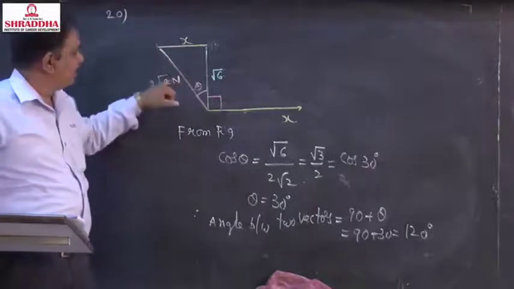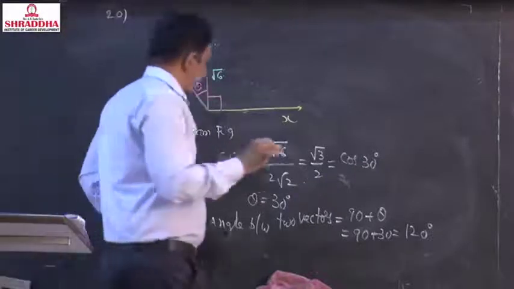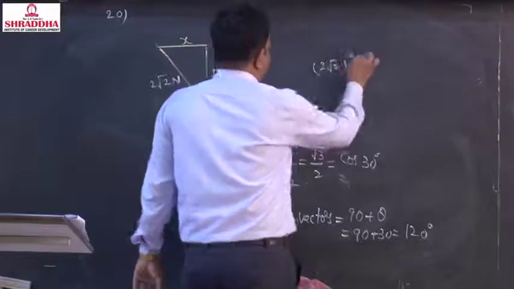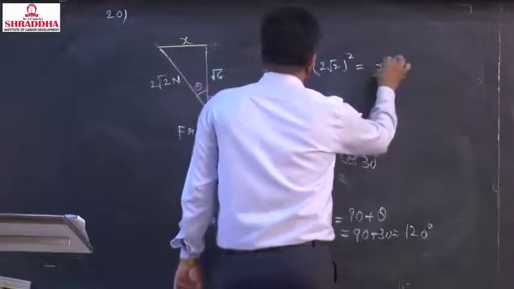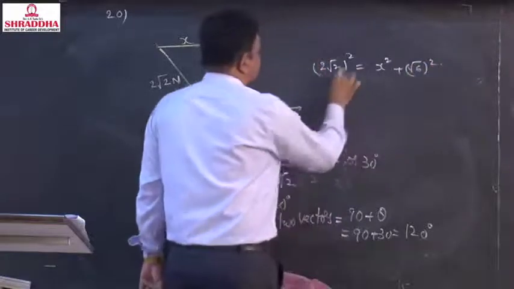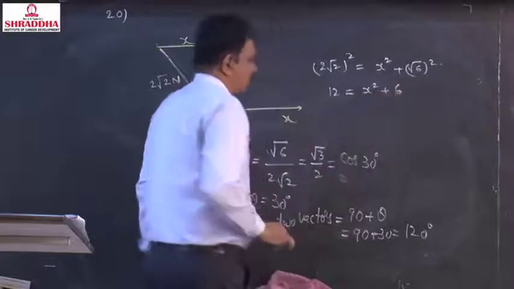Apply the Pythagoras theorem. Hypotenuse square is equal to side square plus side square. 2 root 2 whole square is equal to x square plus root 6 whole square. So this is 8, this is x square plus 6.